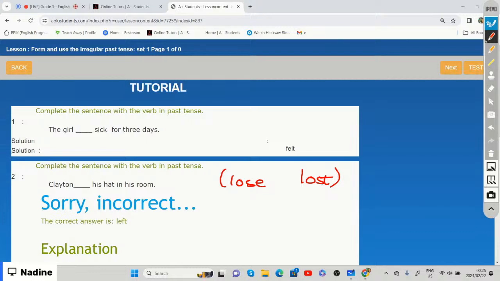All right. And if we choose the irregular past tense verb, we're going to say that Clayton lost his hat in his room, because lost is the past tense verb of lose.